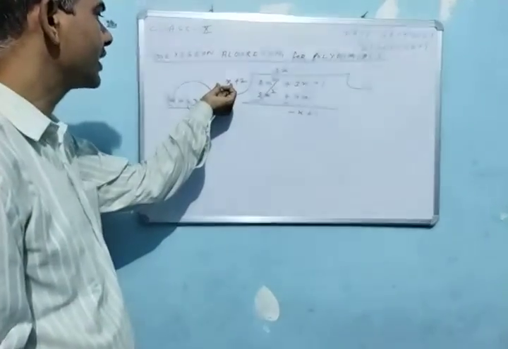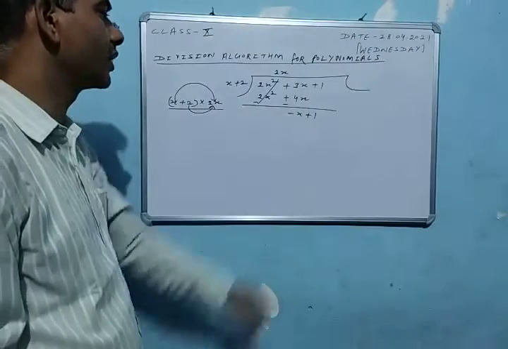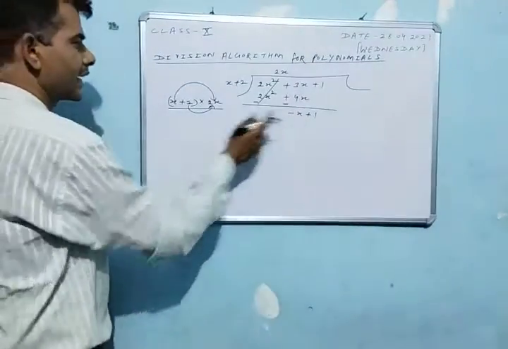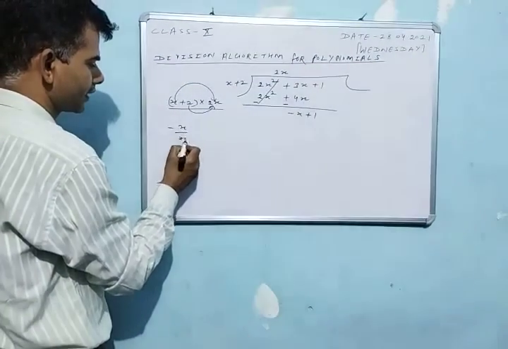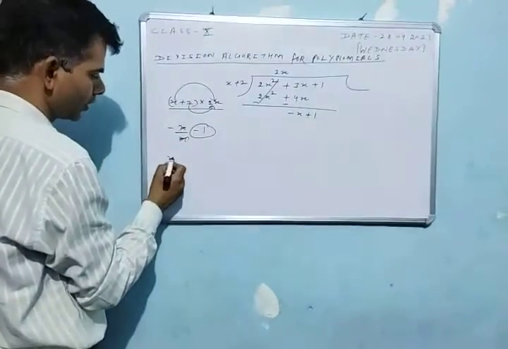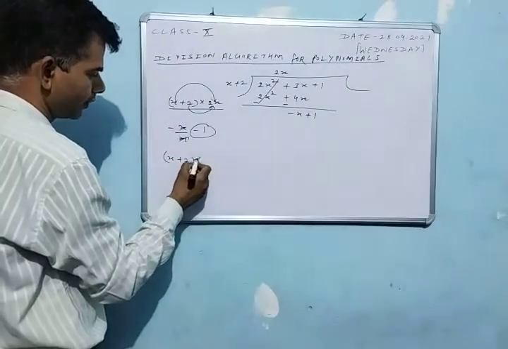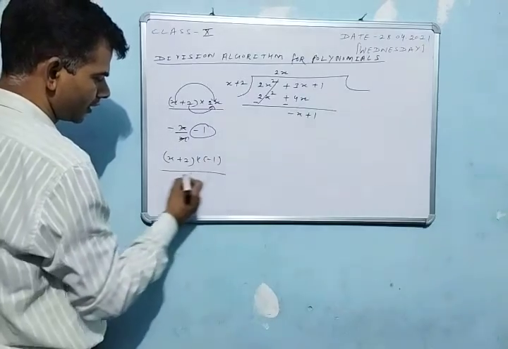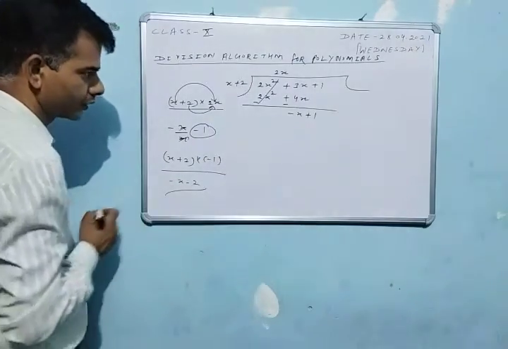Now, students, x is multiplied by which number so that the result will be minus x? Minus x divided by x is minus 1. Now x plus 2 multiplied with minus 1 gives minus x minus 2.